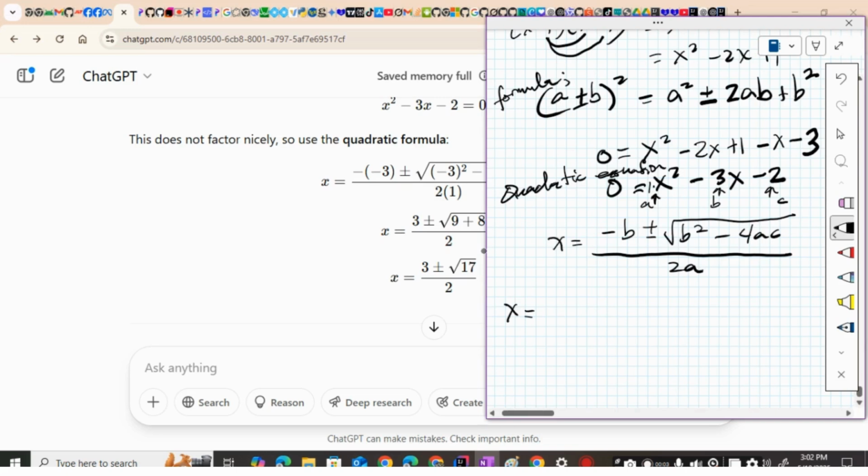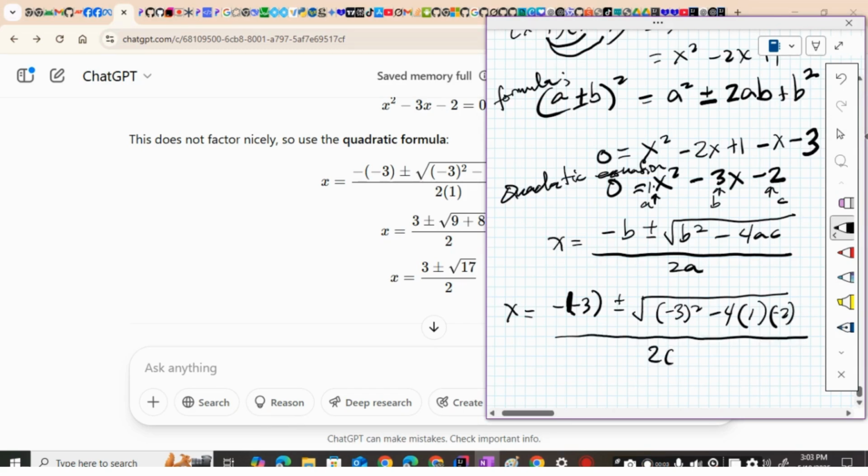Now all we need to do is to plug in the values. So that's minus negative 3 plus or minus the square root of negative 3 squared minus 4 multiplied by our a, which is 1, and our c, which is negative 2, over 2 multiplied by 1.